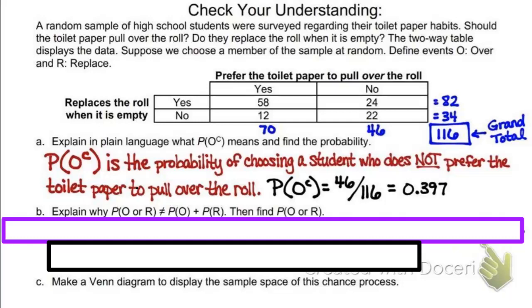Why does the probability of O or R not equal the probability of O plus the probability of R? What are they using R to mean here? Replace. Whether or not you replace the toilet paper. I think most of the people in my family go in the not column.